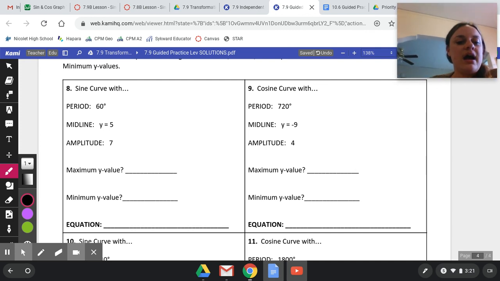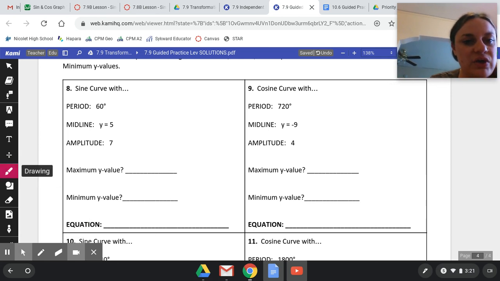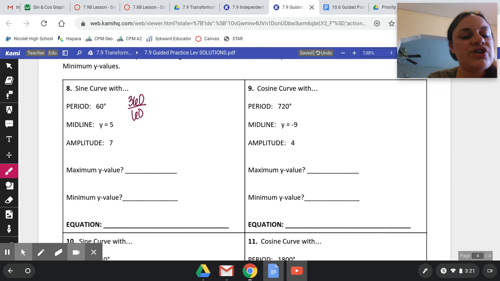All right. So my period is 60. If I want to determine what my b value is, I would do 360 divided by 60, which is equal to 6, so b is equal to 6.